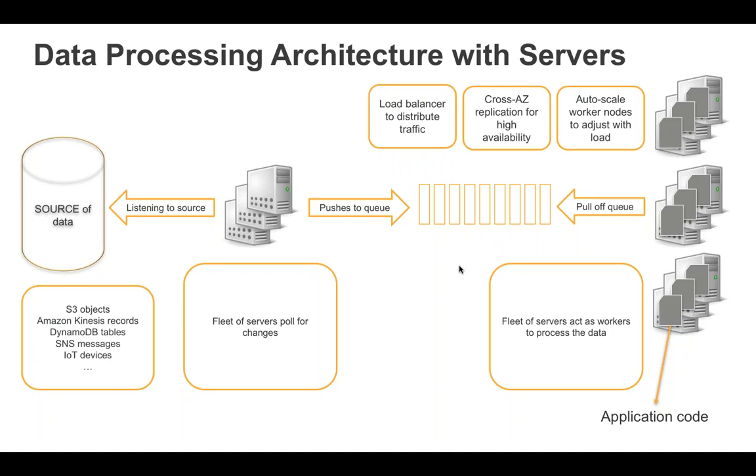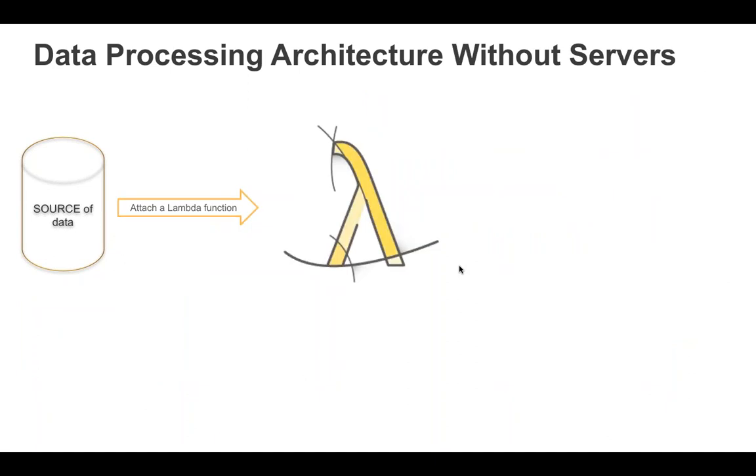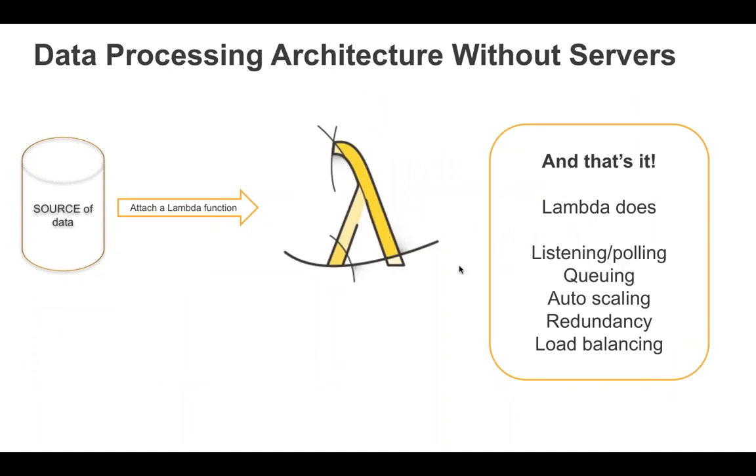So if we look at this same simple architecture of listening to a source of data and then pushing that data onto a queue and taking action on it, how does it look with Lambda? So with Lambda, much more straightforward. We have a source of data. The source of data can be attached through an event to the invocation of a Lambda function, and then every time that source of data comes in, that Lambda function is run. You don't have to worry about polling the source of data with some sort of middle tier application.